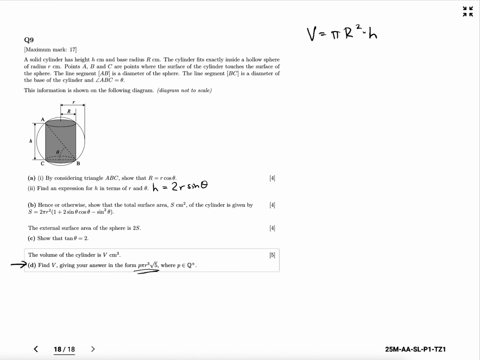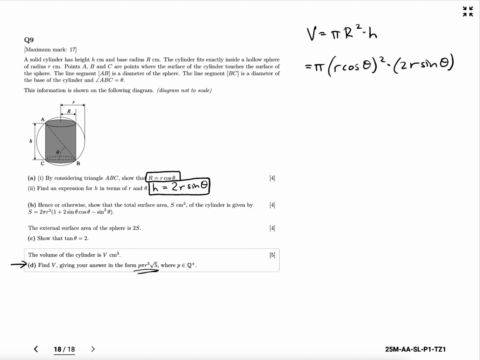And we want something in terms of only little r, so we don't want capital R and we don't want h. So we're going to be using these two to substitute those. And that gives us pi times (r cos theta) squared times 2r sine theta.